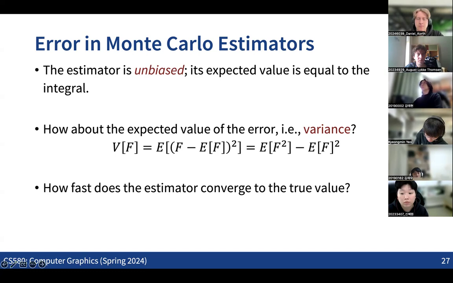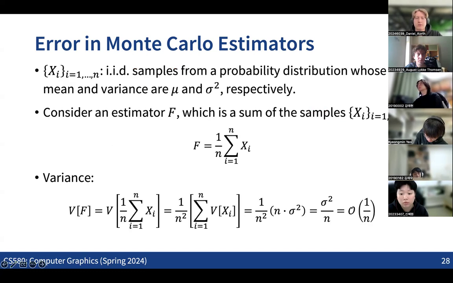Let's first see a simplified version of the estimator, which just takes the average of the given samples. Many Monte Carlo estimates have this form, an average of samples.